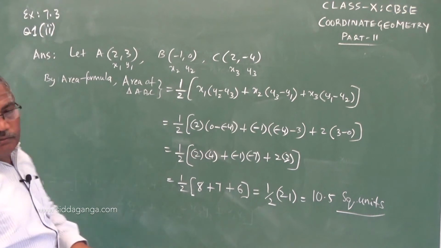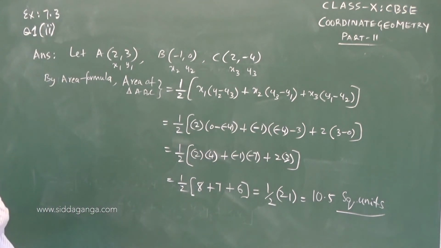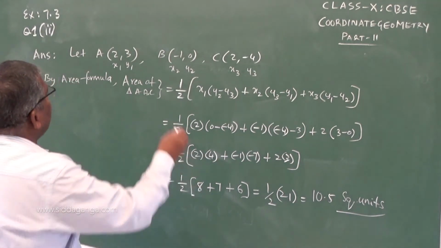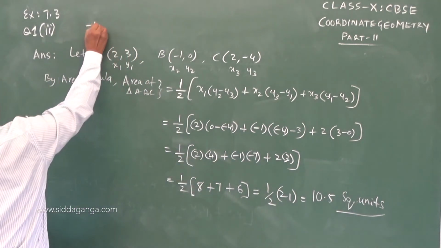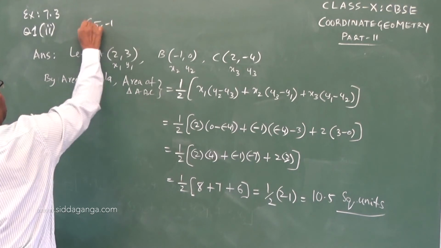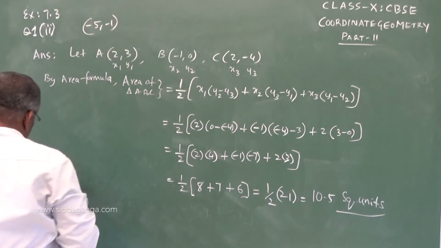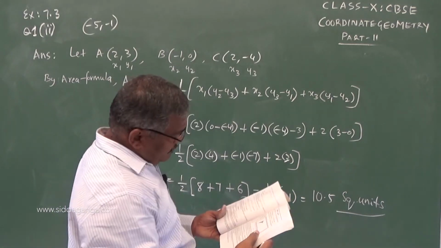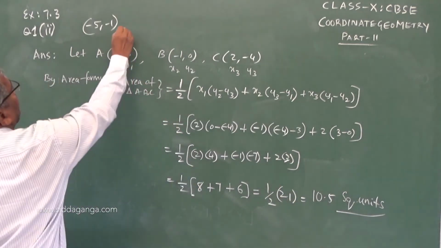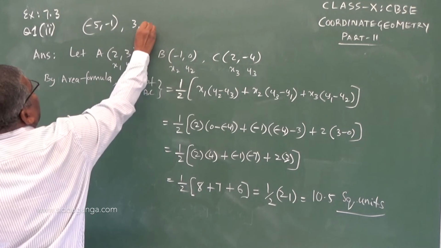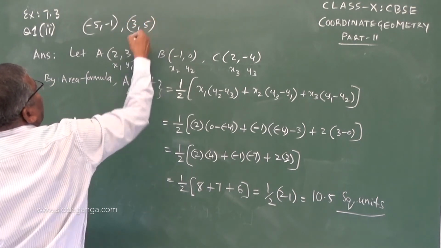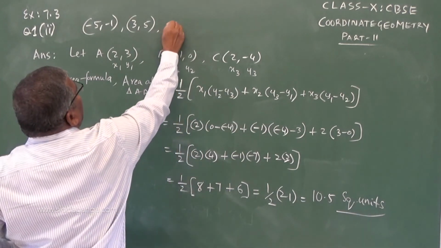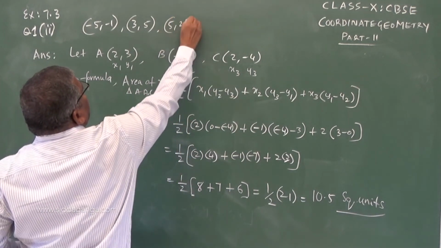There another 3 points are given, you have to find the area of those: minus 5, minus 1, it is the next question. Minus 1, minus 5, minus 1, 3, 5, 3, 5 and 5, 2. This is the next question given.